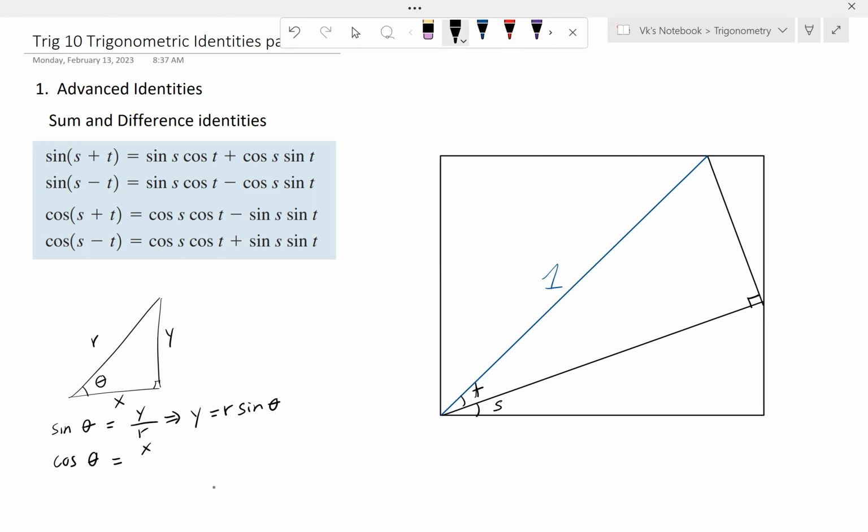Cosine of the angle theta is x over r, so x is r cosine theta. Look at the right triangle inside that has the hypotenuse 1.